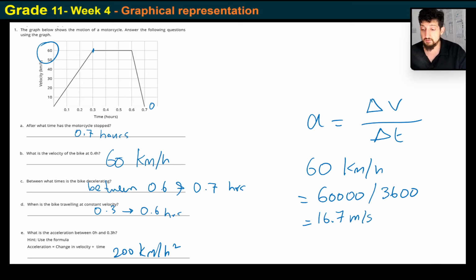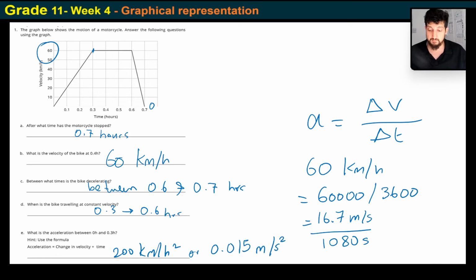Okay, and of course the time is going to be 0.3 hours, which multiplied by 60 is equal to 18 minutes multiplied by 60 is equal to that many seconds. So it's going to equal 16.66666 divided by this many seconds, or 0.015 meters per second squared.